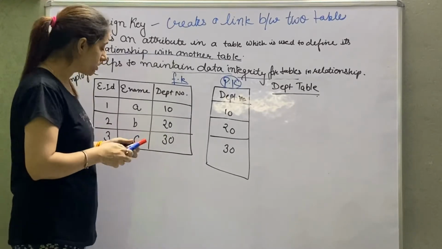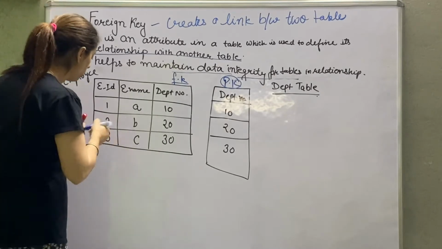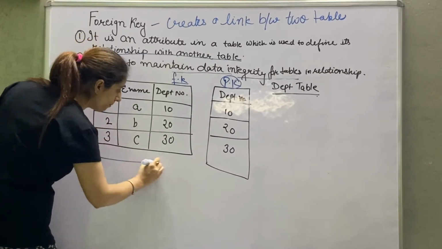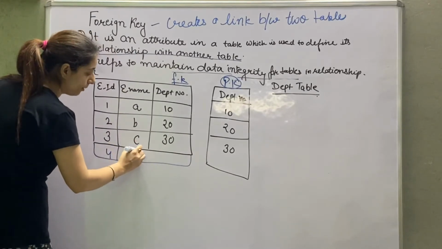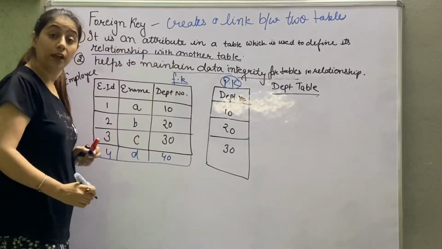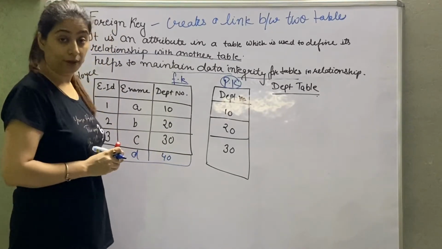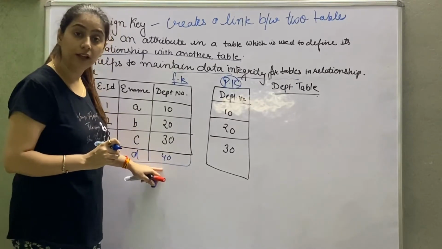Suppose one person is coming whose employee ID is 4, employee name is D and department number is 40. Now what will happen? Will the database allow us to add this entry?